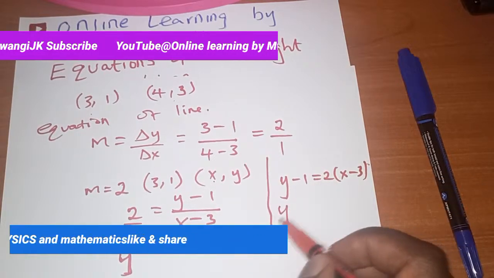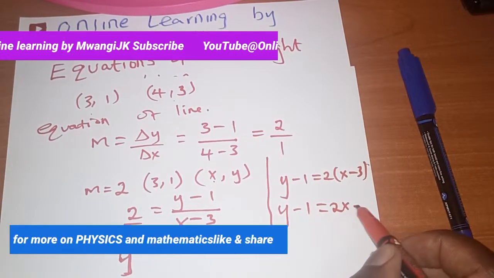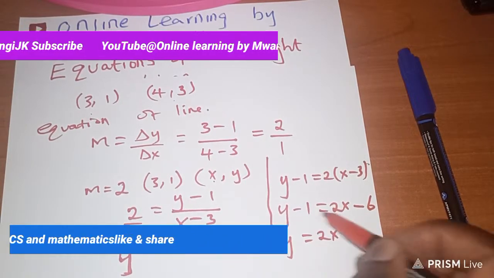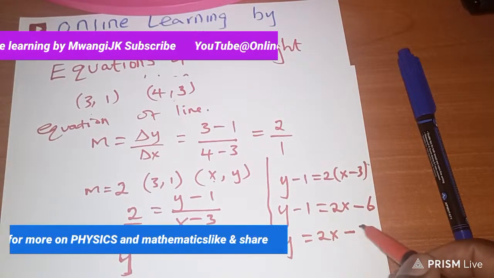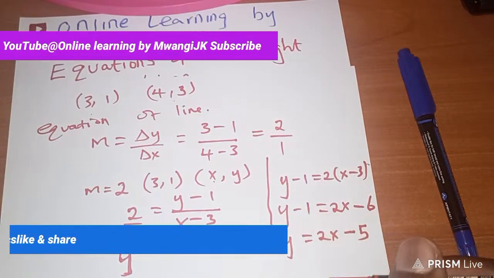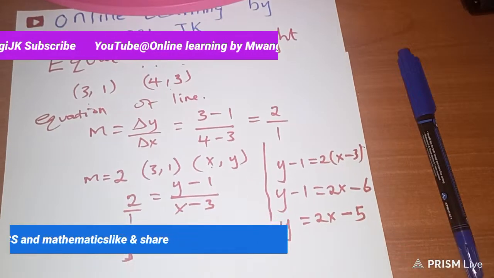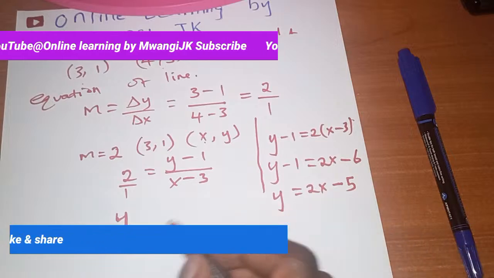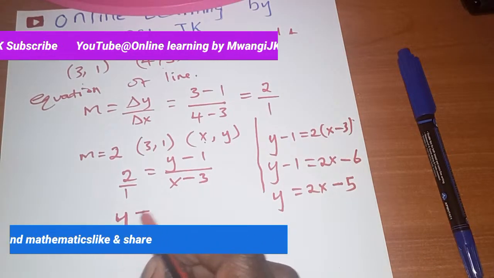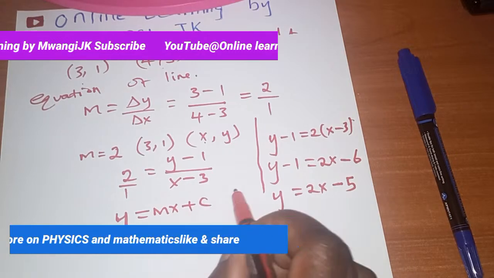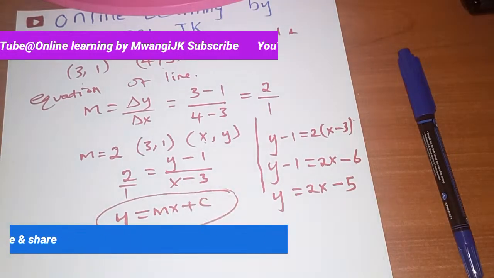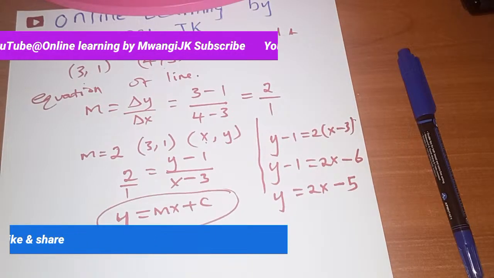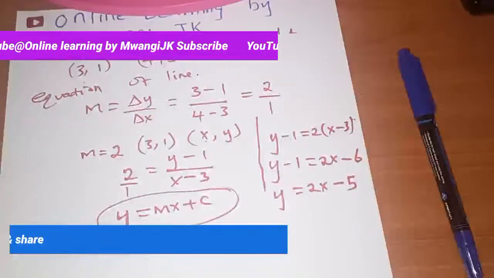Opening the bracket, I have y minus 1 is equal to 2x minus 6. Then y is equal to 2x minus 5, so minus 6 plus 1 gives minus 5. So I've represented the equation in the form y is equal to mx plus c. This is how we present the equation of a straight line in the form y is equal to mx plus c.